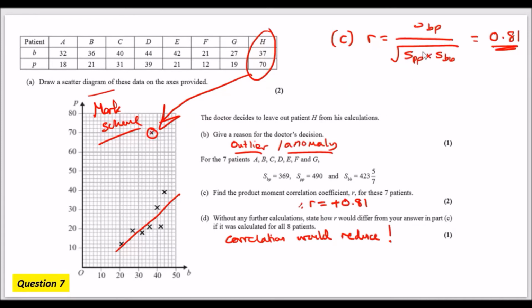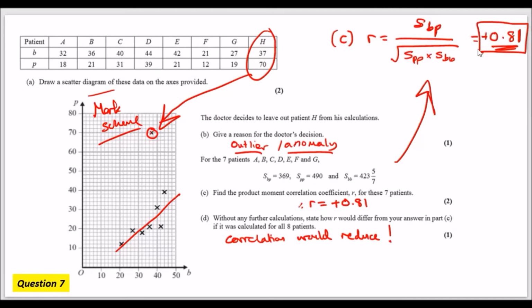In this case, for R, we're going to treat B as X and P as Y. So I put the equation up here and I solved it. It'll be R equals SBP, and that cropped out, over the square root of SPP and SBB. So plug all these values in and you should get a value of roughly positive 0.81.